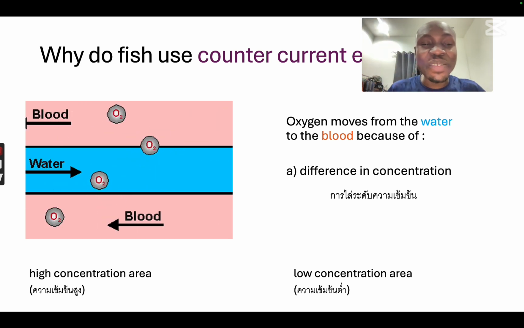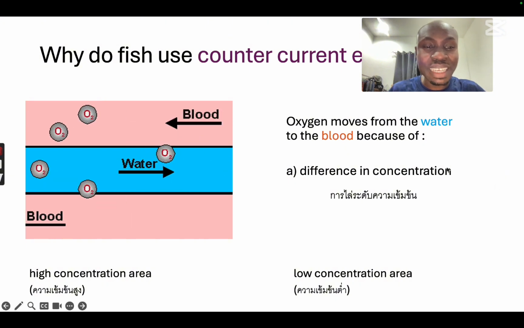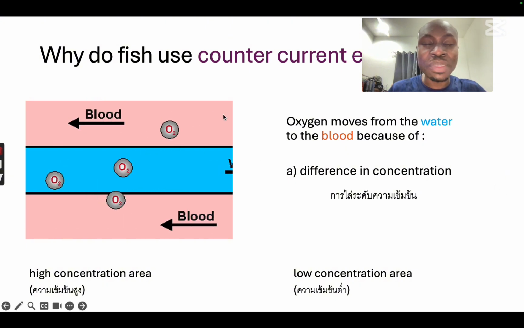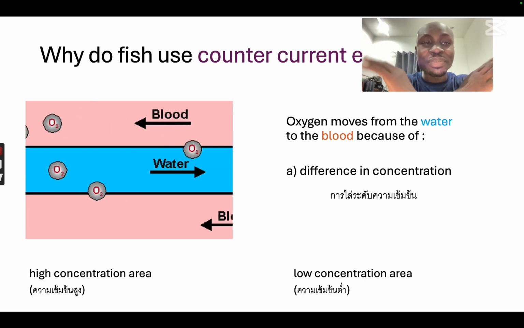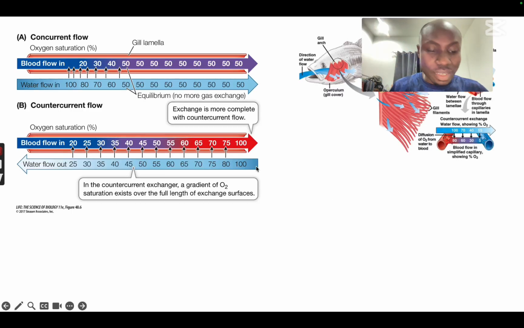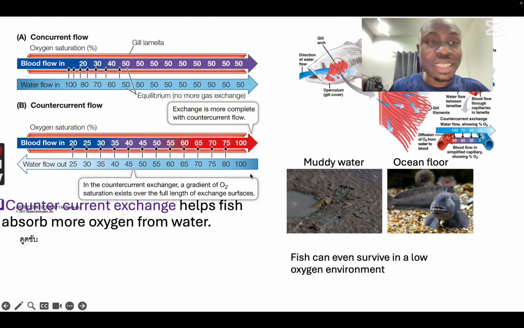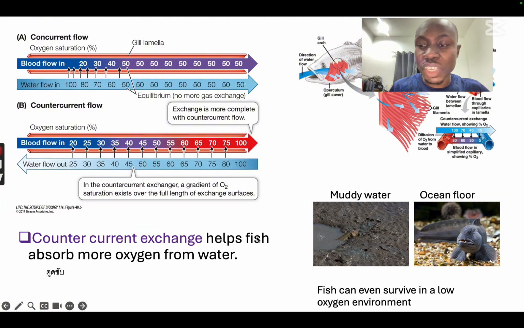Again, if the concentration of oxygen in the water and the blood are the same, the oxygen will stop moving. Now, countercurrent exchange helps fish to absorb more oxygen from the water.